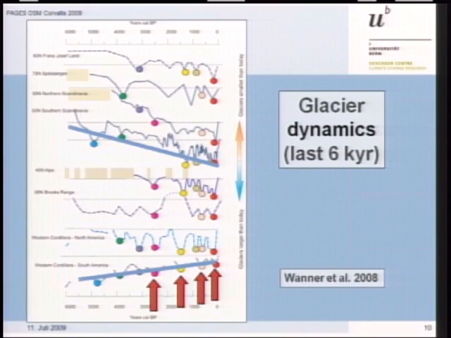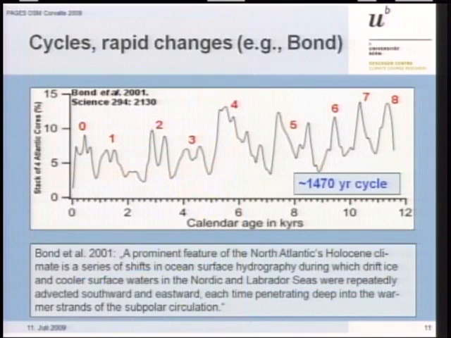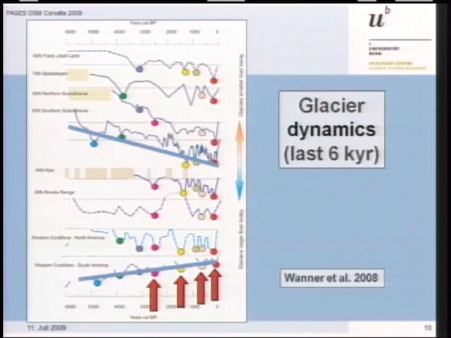At least in the northern hemisphere, we're having a series of advances which are detected quite well based on moraines, dendrochronology, and 14C analysis.